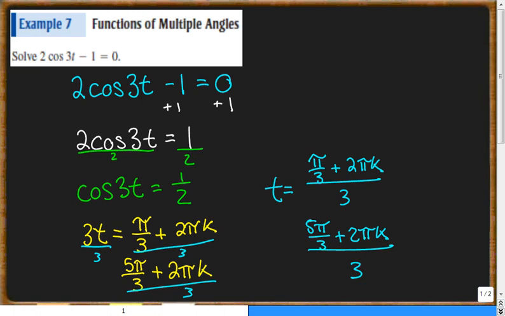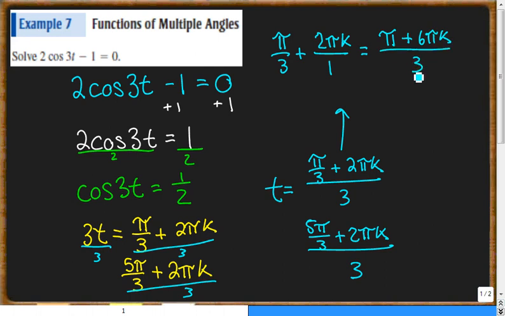Now, you're going to want to simplify these. So for our top function, pi over 3 plus 2 pi k over 1, okay? That gives us pi plus 6 pi k over 3.